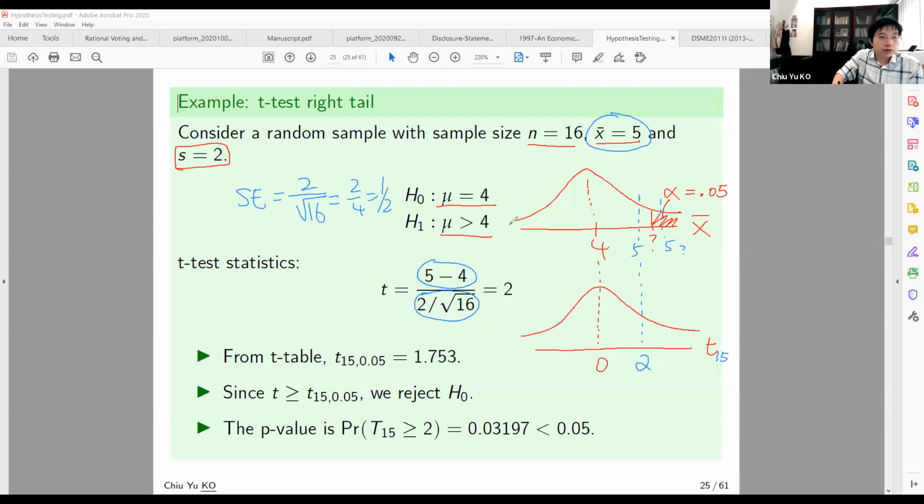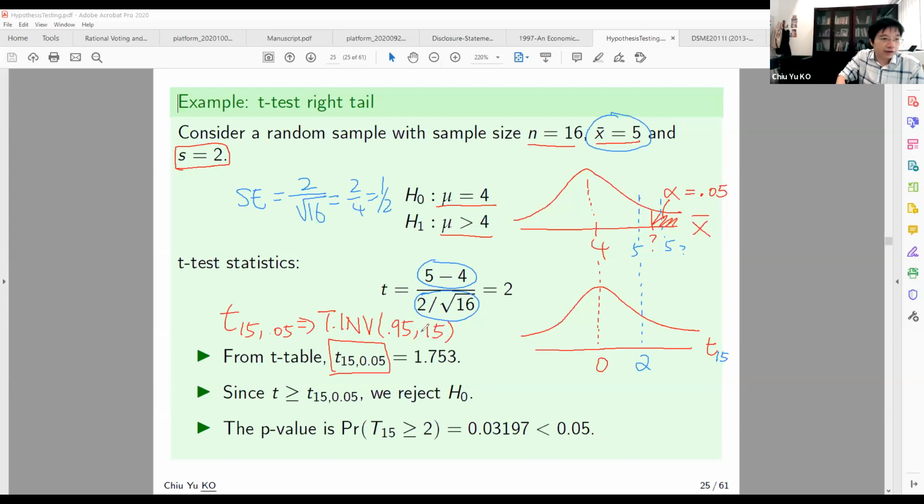Now you want to see where the 5% is. Turns out that if you look at T 15.05, how you get this number is T inverse, 0.95, and you put 15.